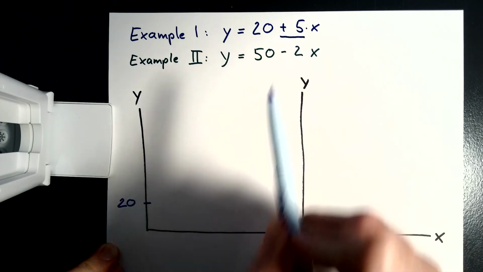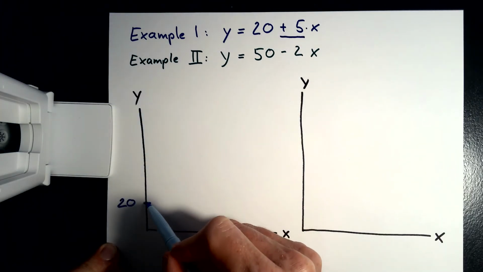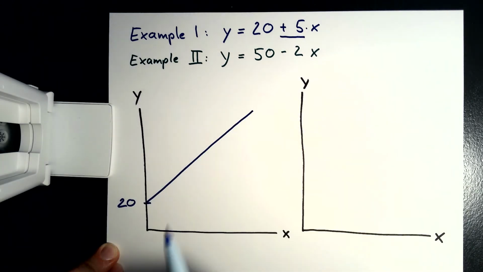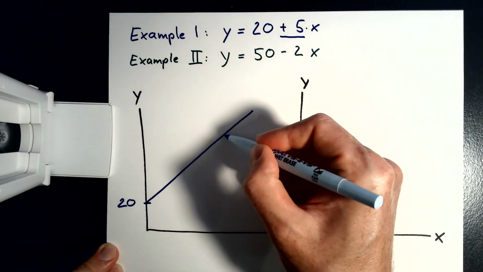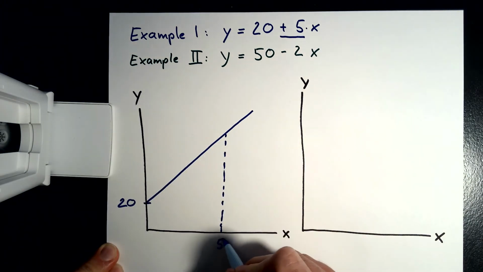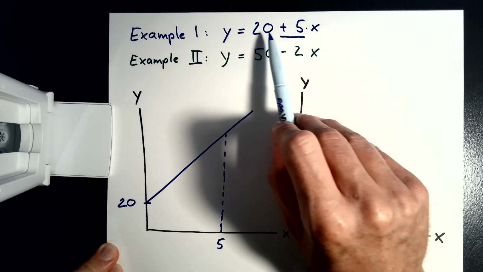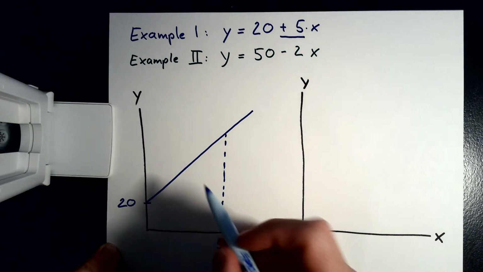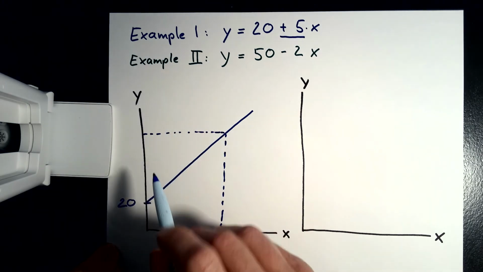Note that this is a positive slope, so if x increases, so does y. So the function looks like this. So for example, if we have x being equal to 5, then we have 5 times 5 is 25, plus 20 is 45. So here, the function has a value of 45.